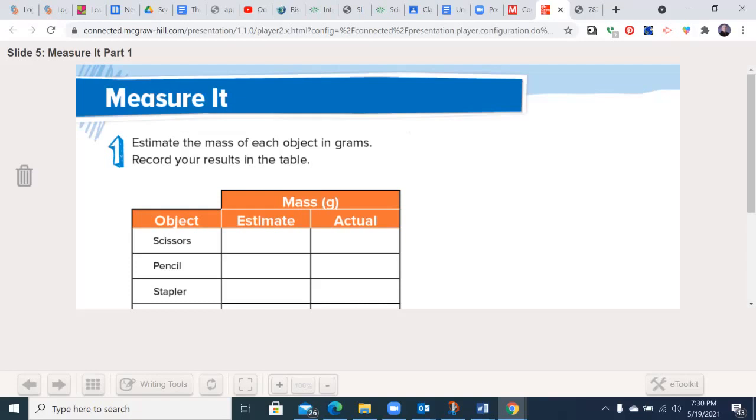A feather is usually larger than a marble. Well, which has more mass? The marble. And a gram is a metric unit of measurement of mass, similar to a meter for length and a liter for capacity. Gram is our measurement in mass.